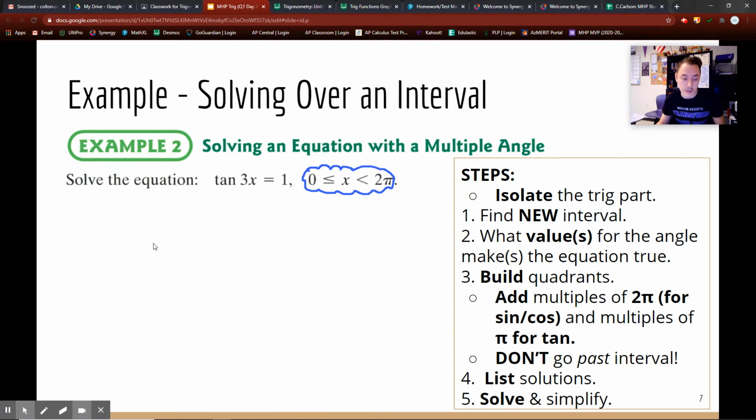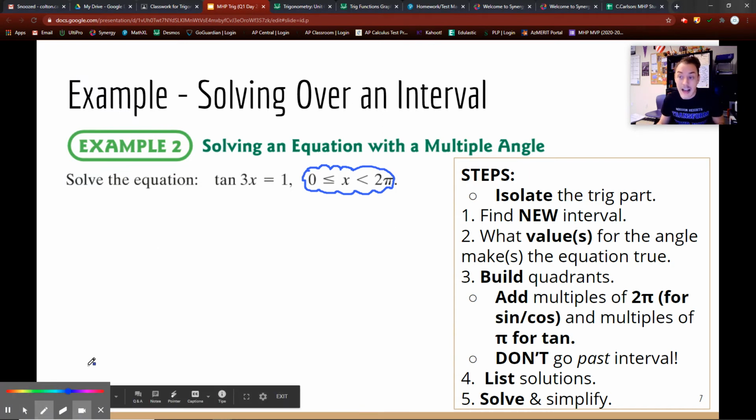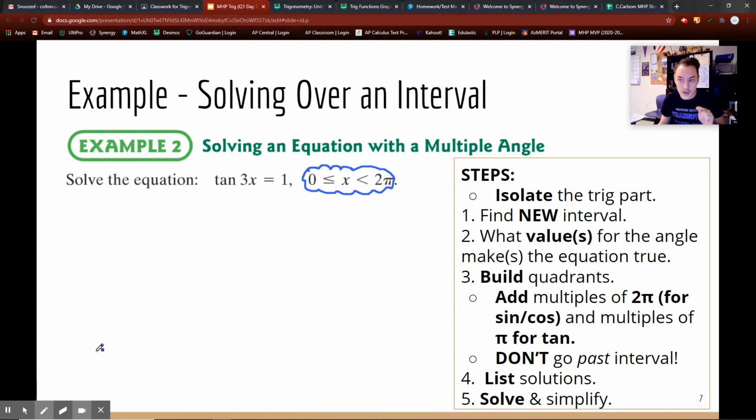Now I will have to have a caveat here. Okay, preview this. First of all, when I solve this, it's going to be completely different than how Math Excel is going to solve it. I'm just going to let you know. Notice how this is what we call a multiple angle equation. So when Math Excel gives you a multiple angle equation, something that looks like this, notice how this is not tangent of just x.